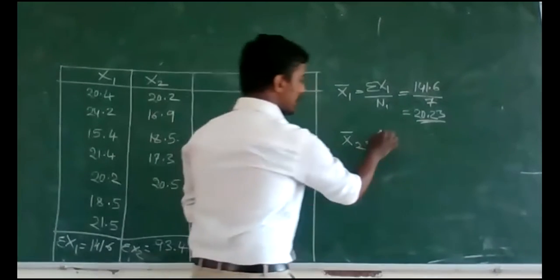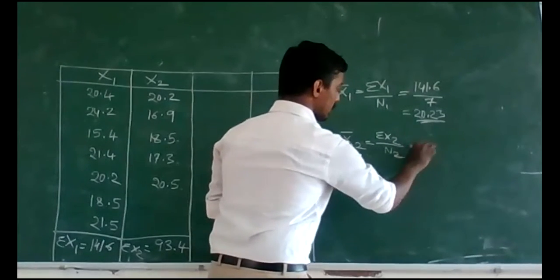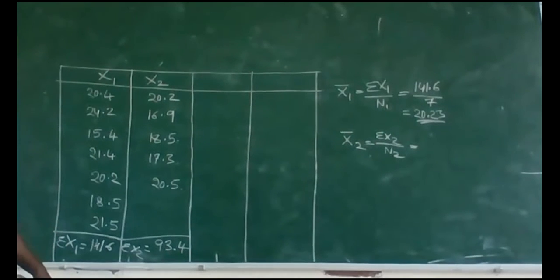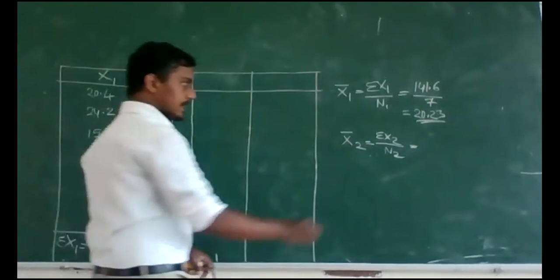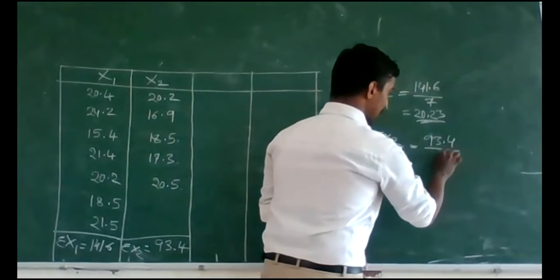Next, find out the sample mean of the second sample, or company B. That is summation of x2 divided by the number of units in the second sample, n2. So it comes 93.4 divided by 5.